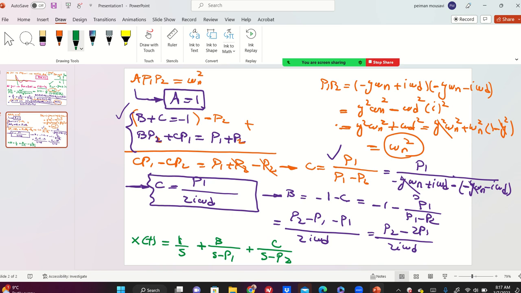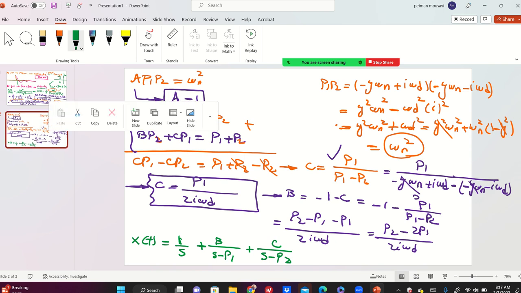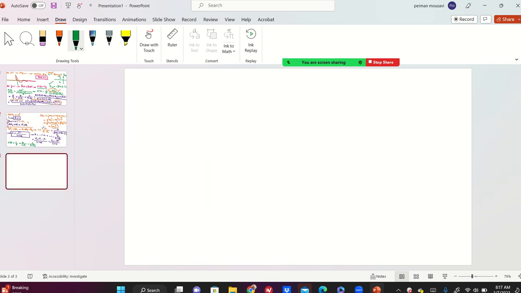And the A was 1. Can I go to the next page? Yes, guys? So, X of t is gonna be 1 over S.